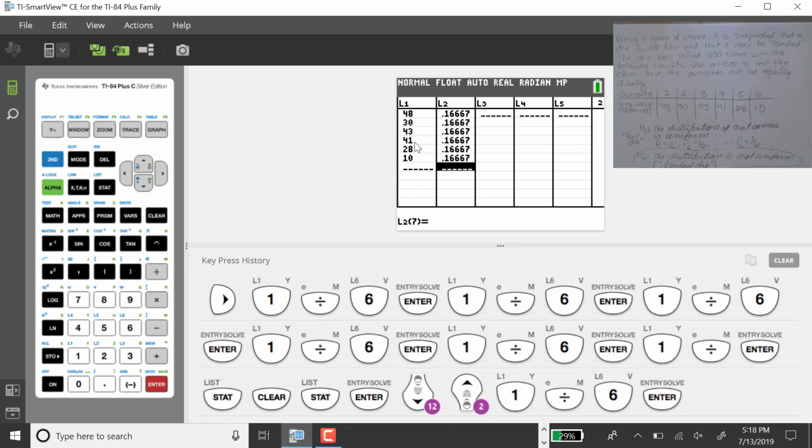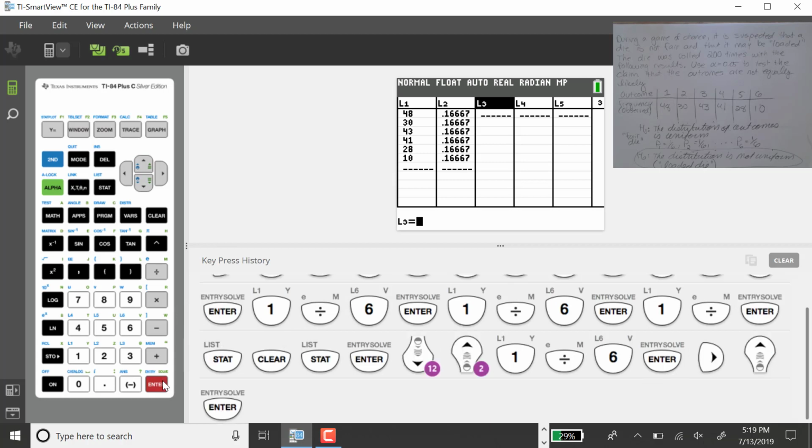All right, so again, I can't run the goodness of fit off of this second list as my expected. I need to create a list of counts for list 3. To do that, I can up arrow to list 3, press enter. It moves my cursor down to the bottom of the screen.